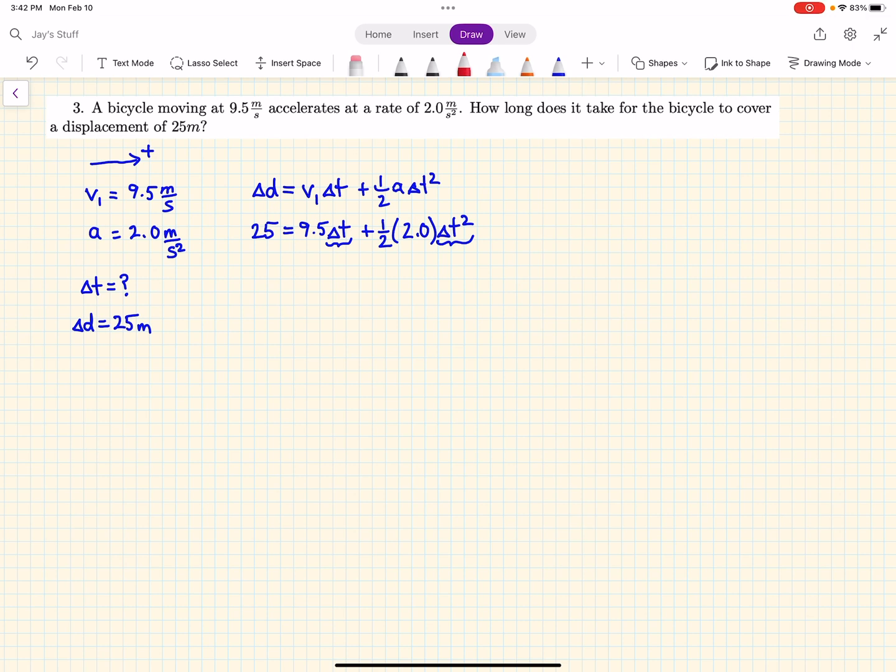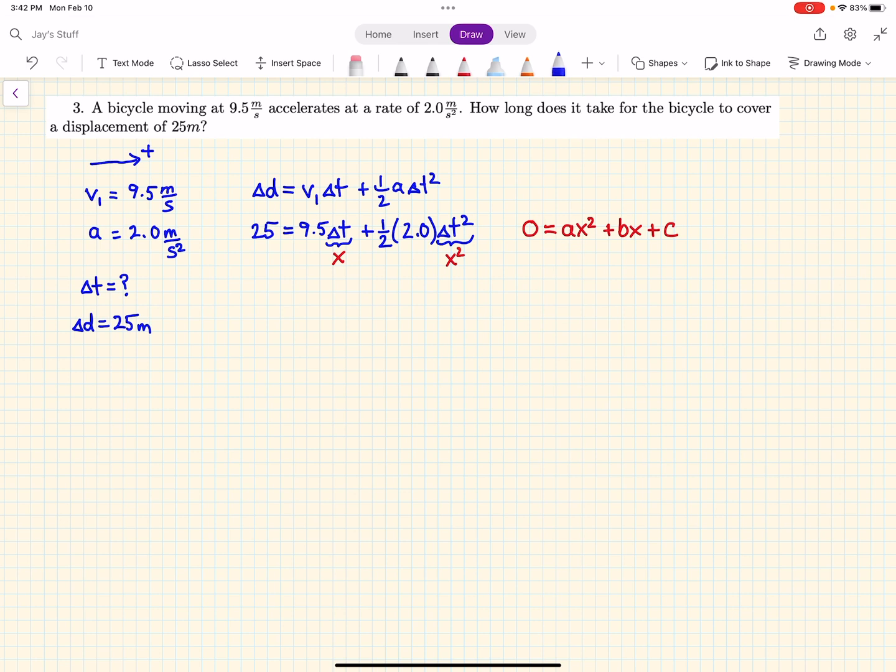Delta t is just the variable, where normally we would have an x squared, and here's just an x. So we can solve quadratic equations just using the quadratic formula. So usually that's when we would have it written in this form: 0 equals ax squared plus bx plus c. So if we can rewrite this equation in that form, we can use the quadratic equation.